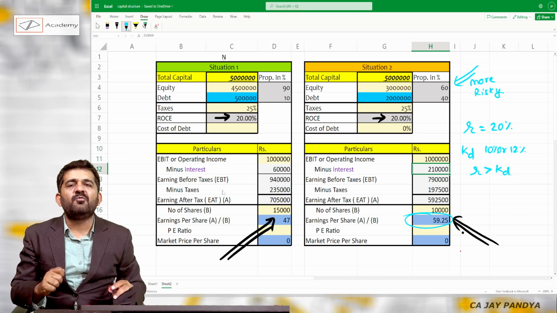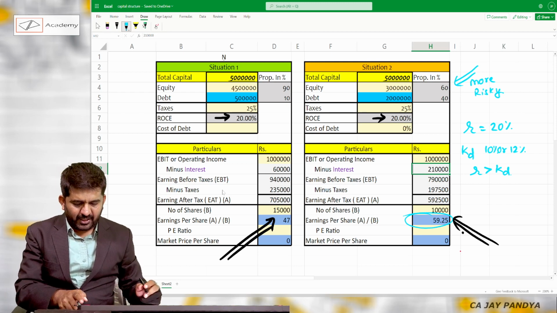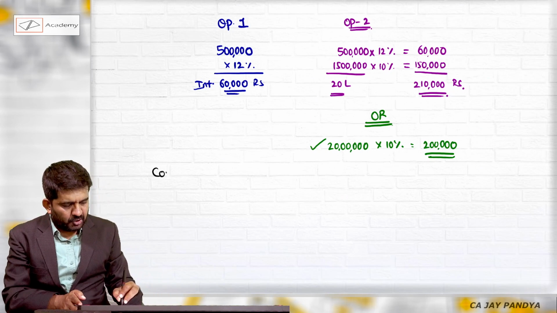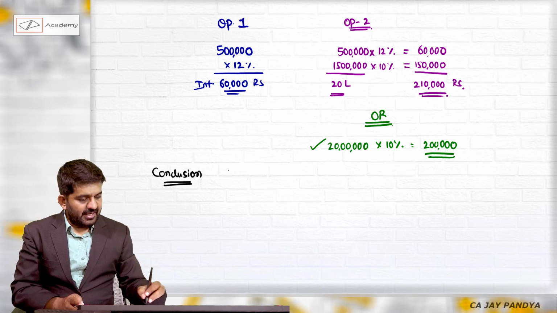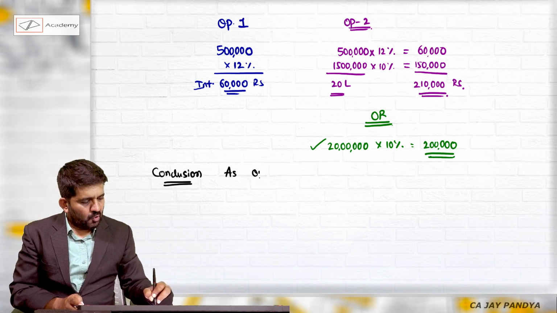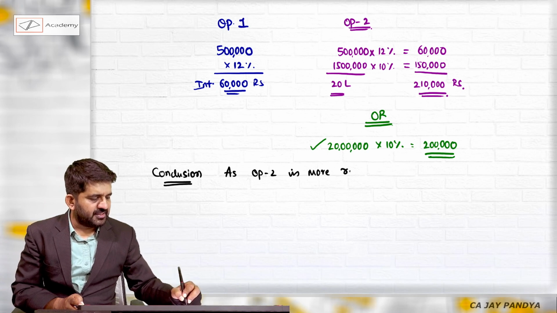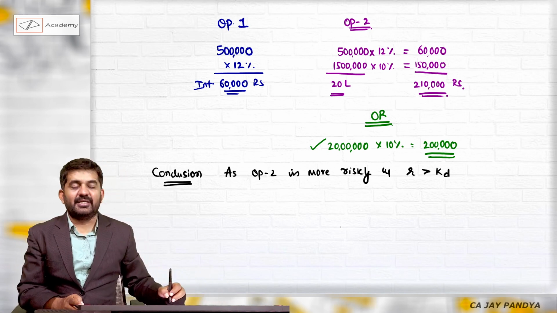You should always write down in your conclusion. When you write your answer, I will be writing down the conclusion as option 2 is more risky and R is greater than KD.